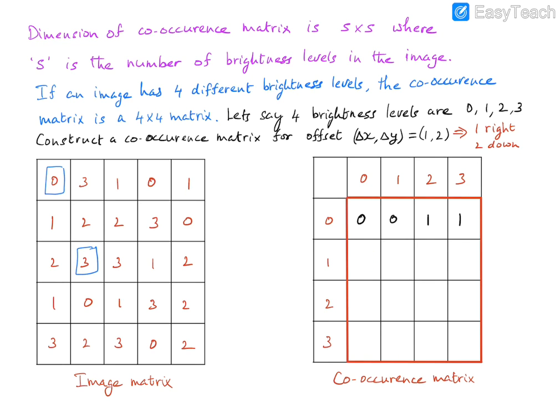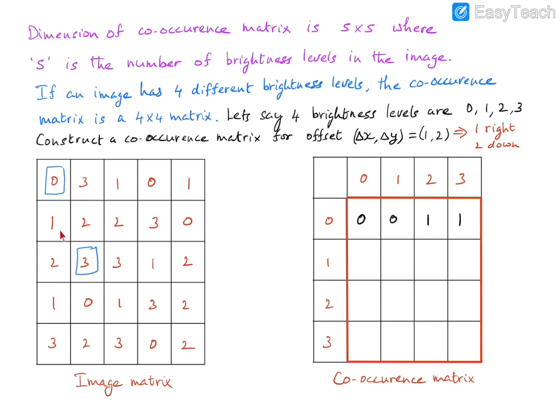Now for this particular cell, we are looking for a combination of 1 and 0 pixel values at the defined offset. So we are going to look for 1, and at the defined offset we have to look if there is a 0. For this particular one, at the offset it's a 1 and not a 0, so we can't count here for 1 0. This takes us outside the image. For this particular pixel here, it's a 1, and at the defined offset we have a 0.